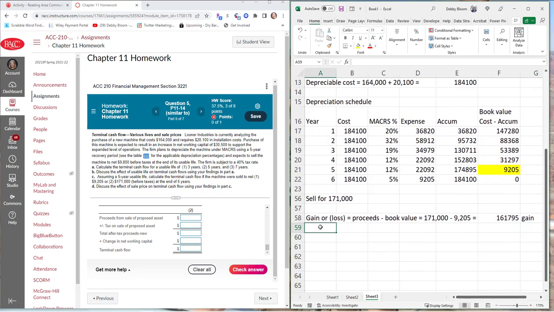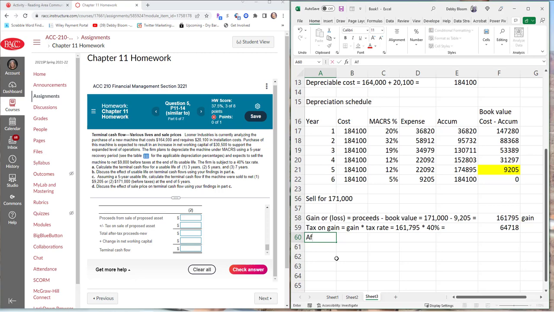Next step we're going to do is calculate the tax on the gain, which is just the amount of the gain multiplied by our tax rate. So I take the 161,795, multiply that by 40%. Remember, we're supposed to round to the nearest dollar. And I get 64,718.